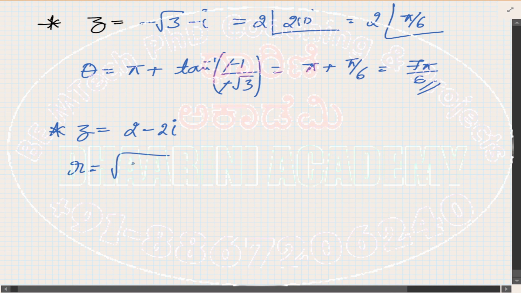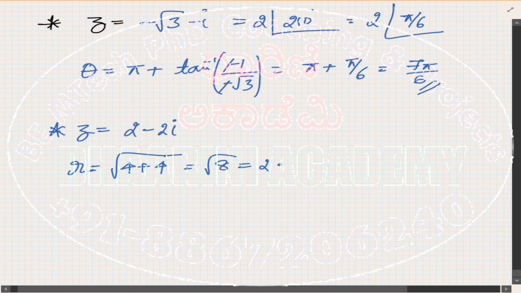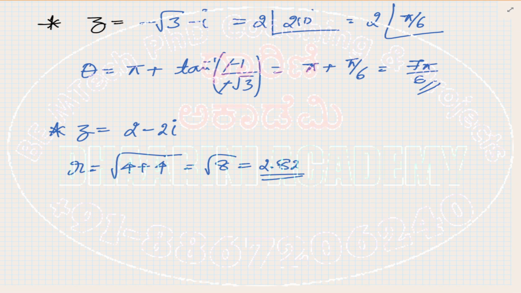So r is equal to root of 2 square, 4, plus minus 2 square, which is plus 4. So this is root 8. Okay, this is 2.82.